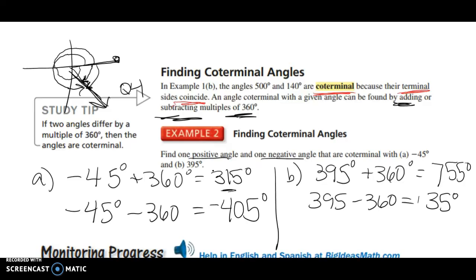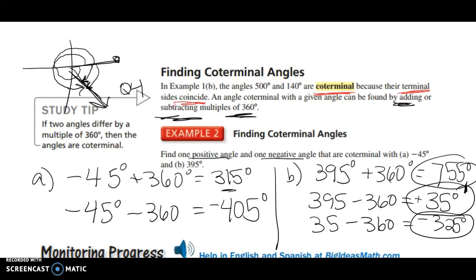Well, this is still positive, so I can actually subtract again until I get a negative answer of negative 325 degrees. So when they say they want a positive and negative, I definitely want to give this as my negative, and it doesn't matter which of these two you give as the positive, you can give either one.